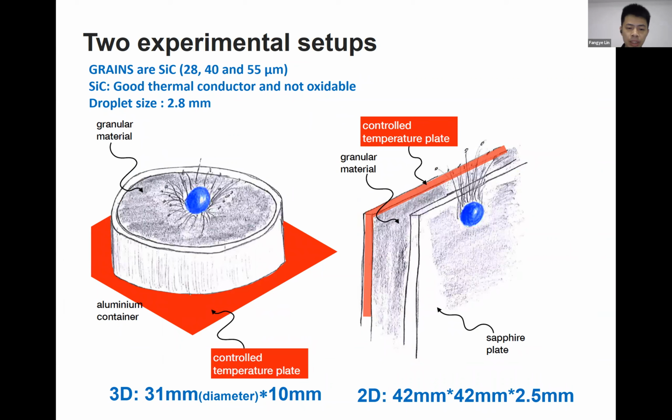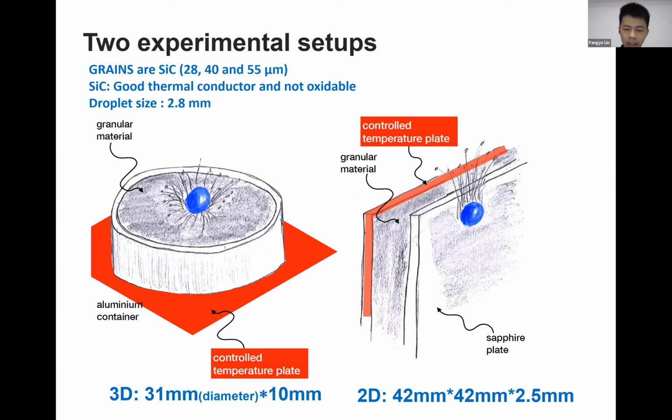So we developed two setups in order to investigate the drop and hot granular bed interaction. The left one, which we call 3D, consisted of a thick cylinder filled with grains. The granular pack was heated from the bottom. The right one consisted of a helical cell. We named it a quasi-2D setup.